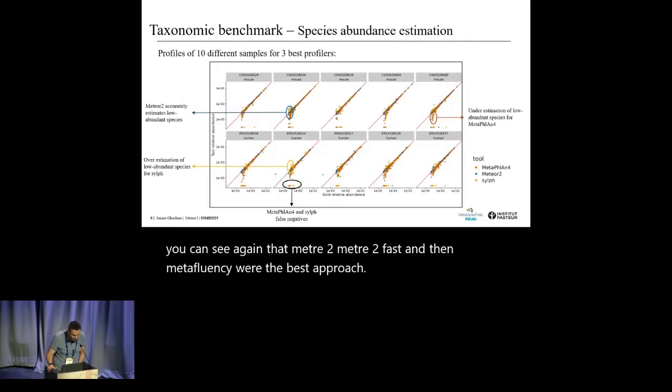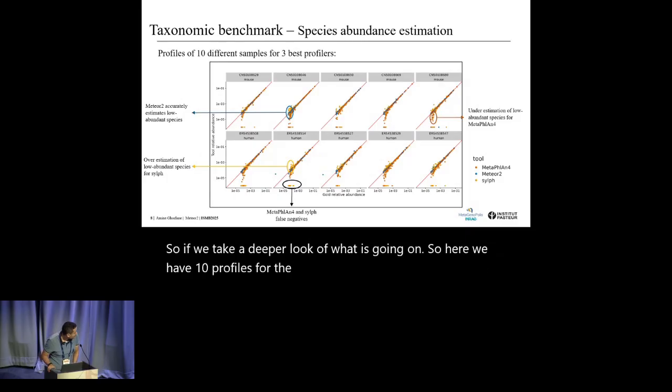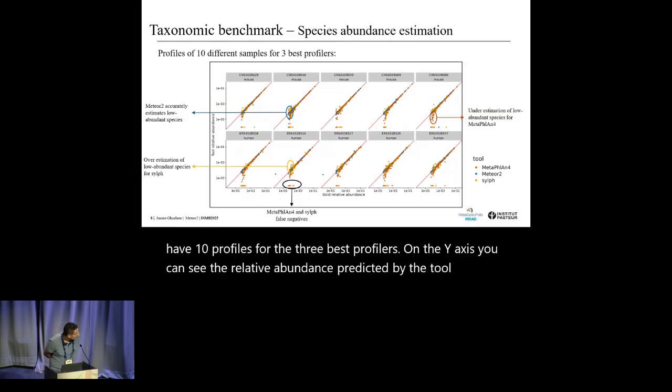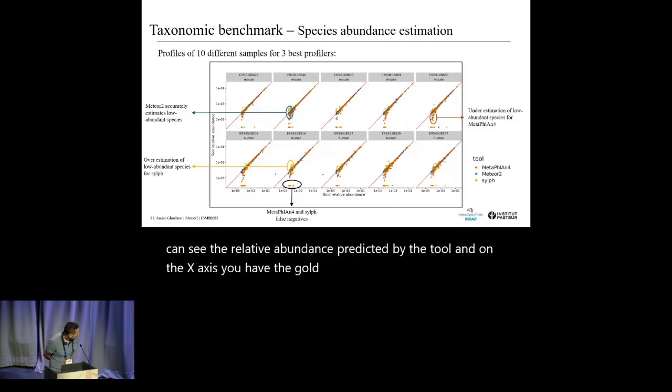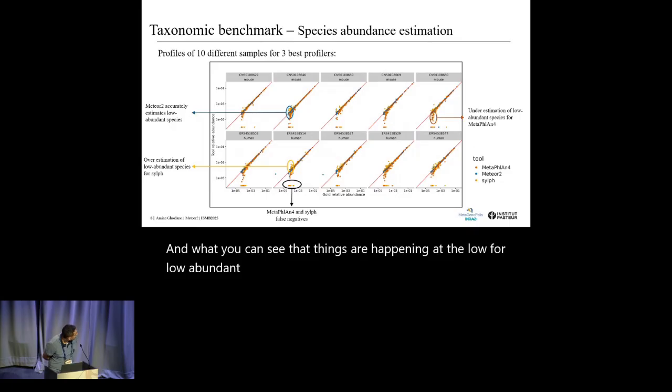So if we take a deeper look at what is going on, here we have 10 profiles for the three best profilers. On the y-axis, you can see the relative abundance predicted by the tool, and on the x-axis, you have the gold standard. And what you can see is that things are happening for low abundant species predictions.